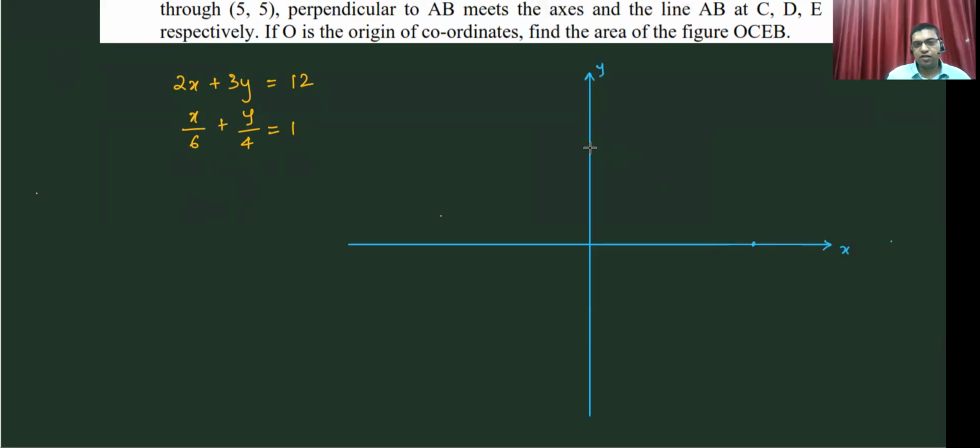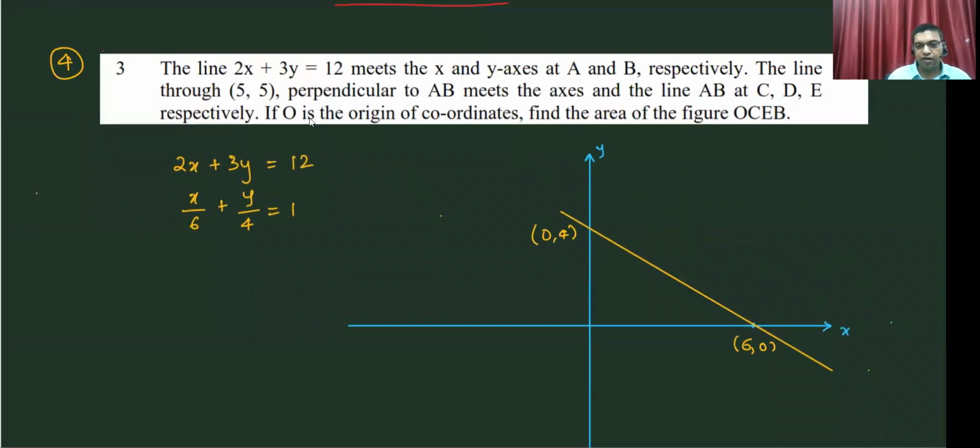So let us say 4 units is here. Now this is this line. Now this is 6 comma 0 and this is 0 comma 4. And see, it passes through 5 comma 5. So 5 comma 5 will be somewhere here.